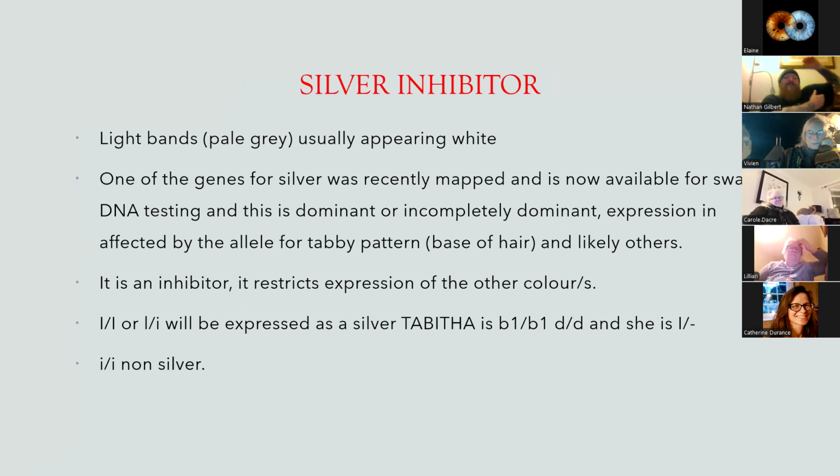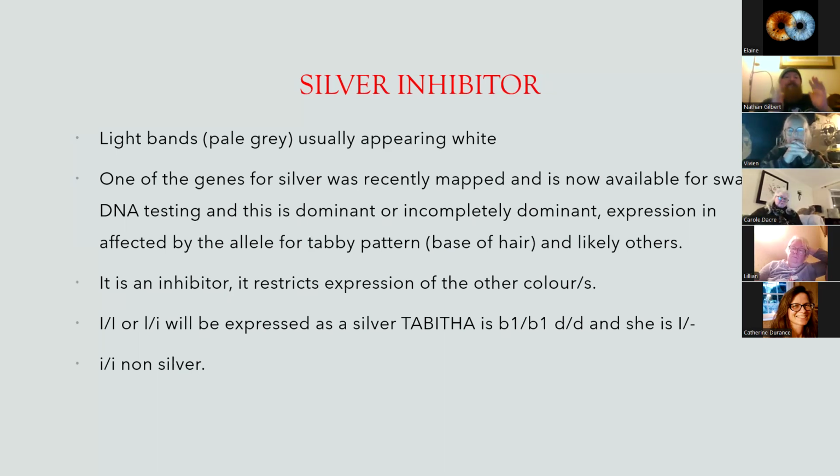So this is really quite an interesting gene for a lot of reasons. The first thing is a cat doesn't actually have a silver gene. It has an inhibitor gene and it restricts the expression of the other colors. So it gives pale gray light bands, particularly at the base of the hair.